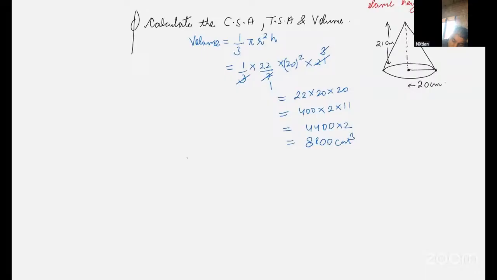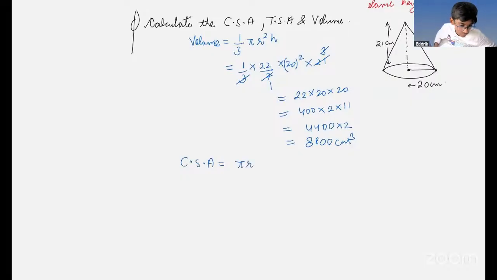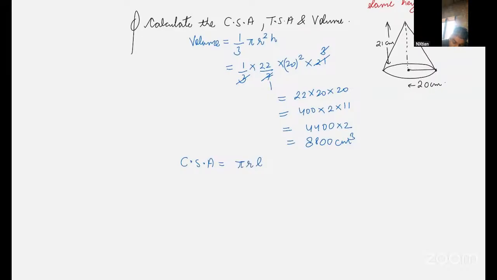Now, if I talk about CSA, what is the formula for CSA? Pi r L. So first we have to calculate the value of L. Now L is basically equal to root of h square plus r square. So h is 21 and r is 20.